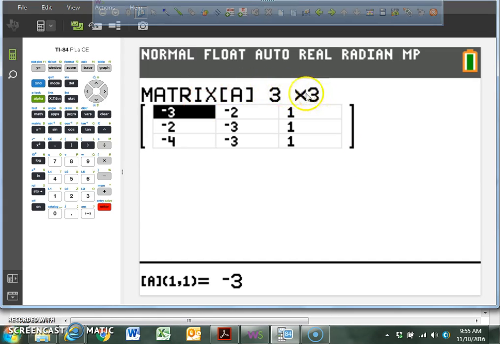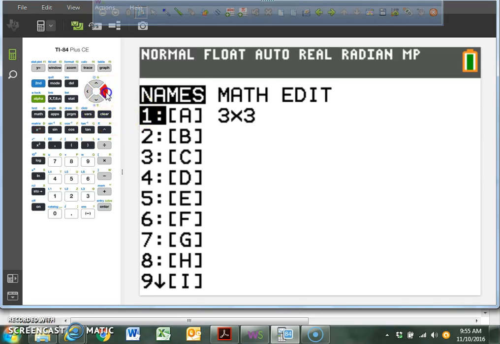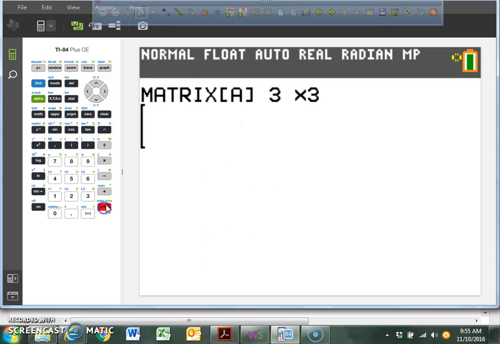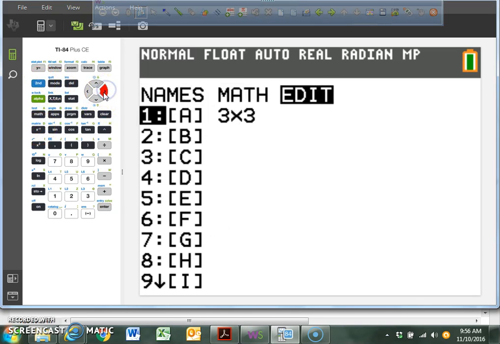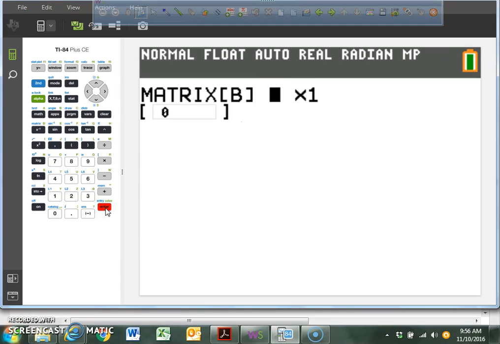All right, now we need to build matrix B. So hit second, x to the -1, go to Edit, and we're going to edit B, not matrix A. Go down to number 2 where it says Edit B and press Enter. How many rows does it have?